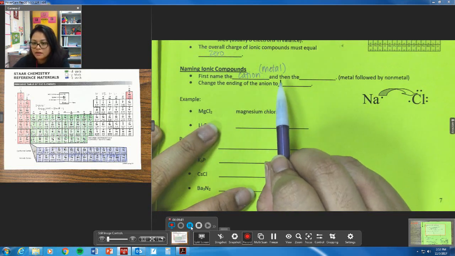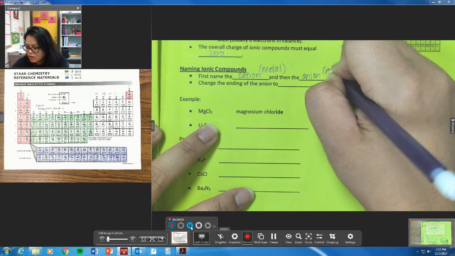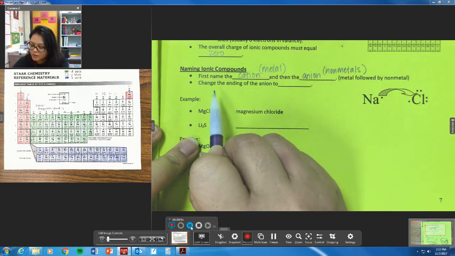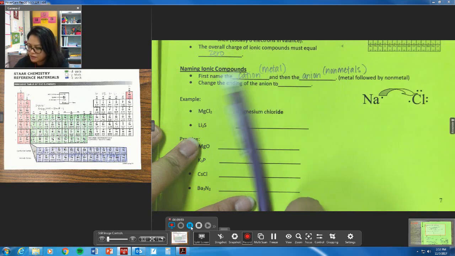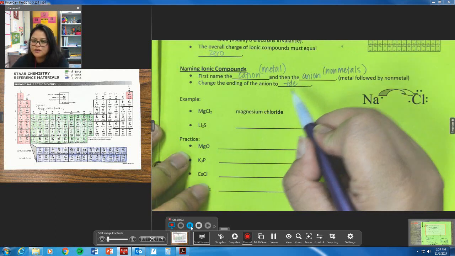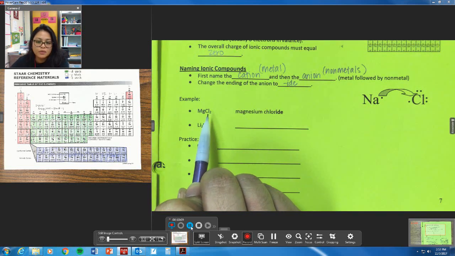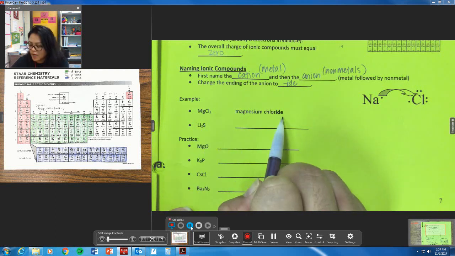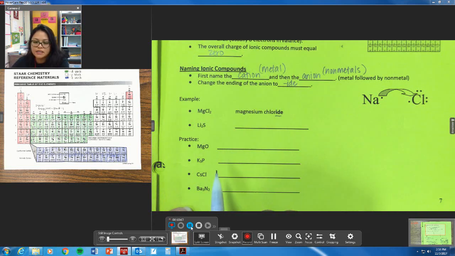And then we name the anion, or our nonmetal. Then we change the ending of our anion to -ide. For example, if I had magnesium and chlorine, the name would be magnesium chloride. That ending needs to be changed to -ide.